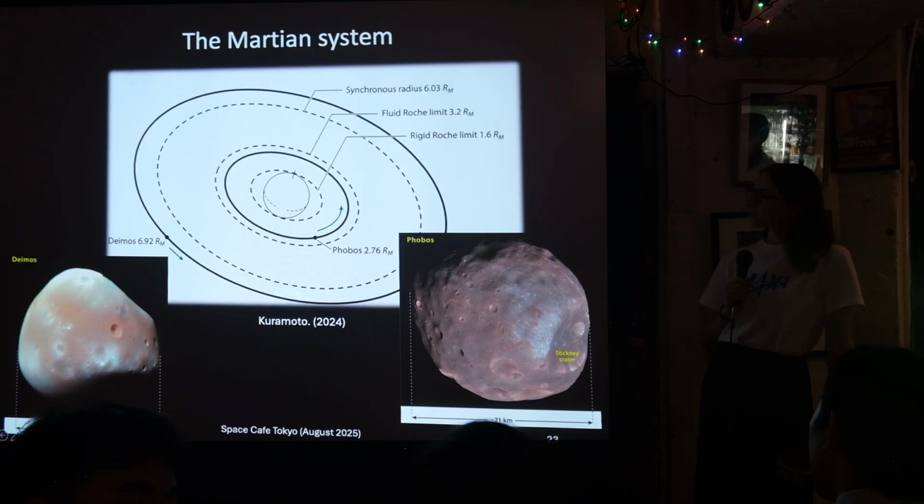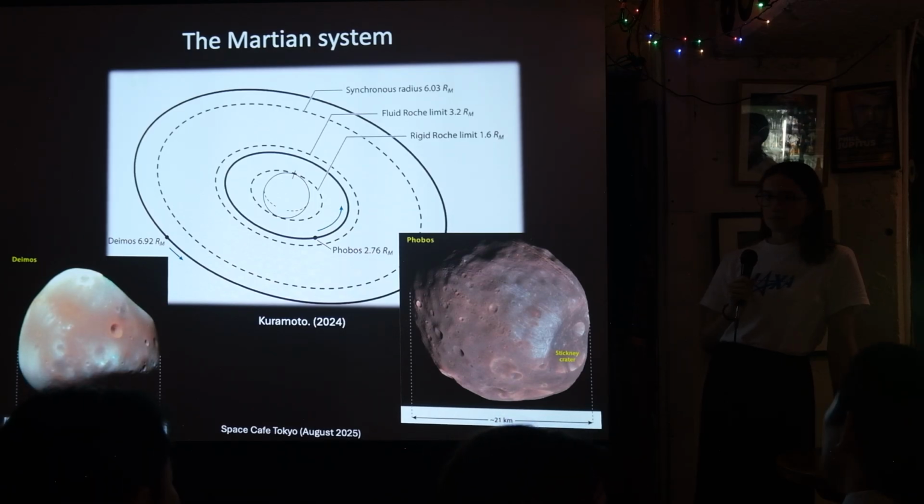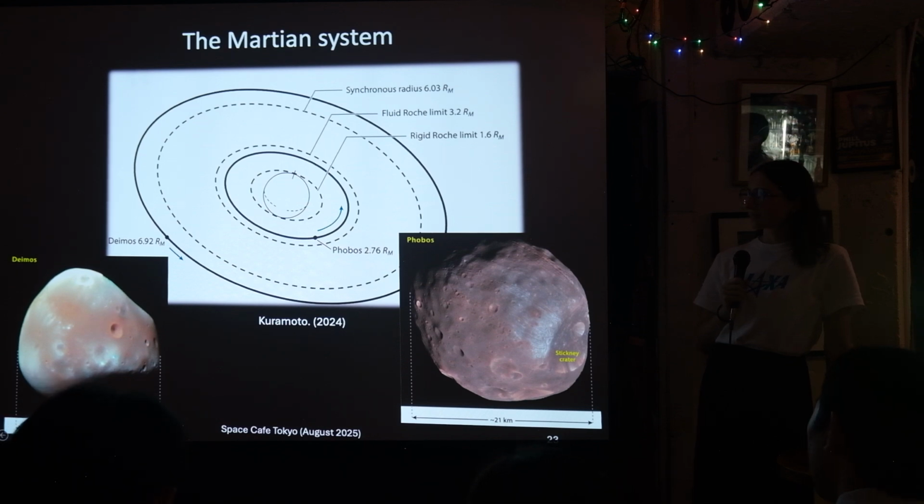But if you assume a rigid body with uniform density, that's the rigid Roche limit, for objects harder than fluid, things that are more dense and held more together.